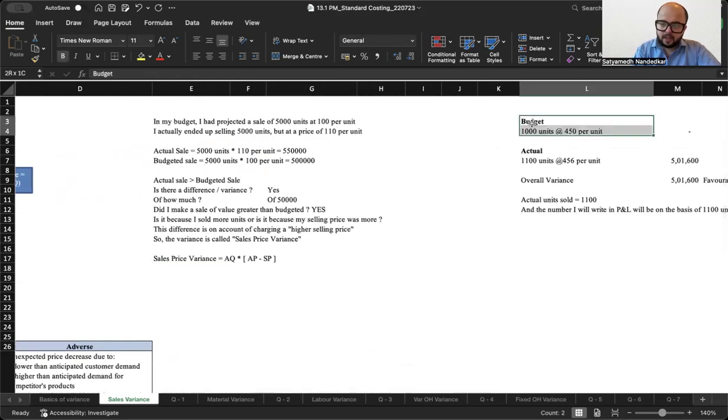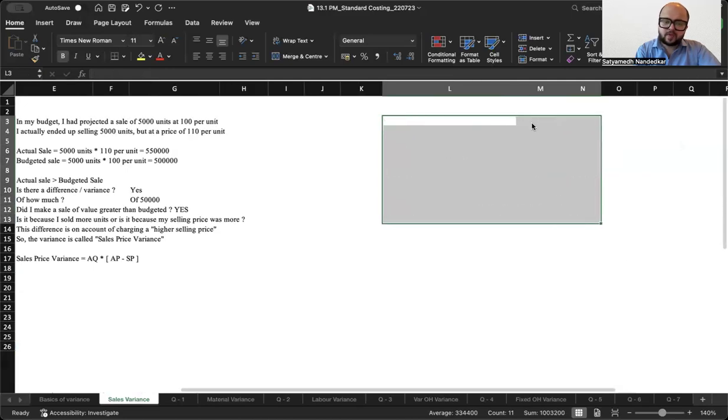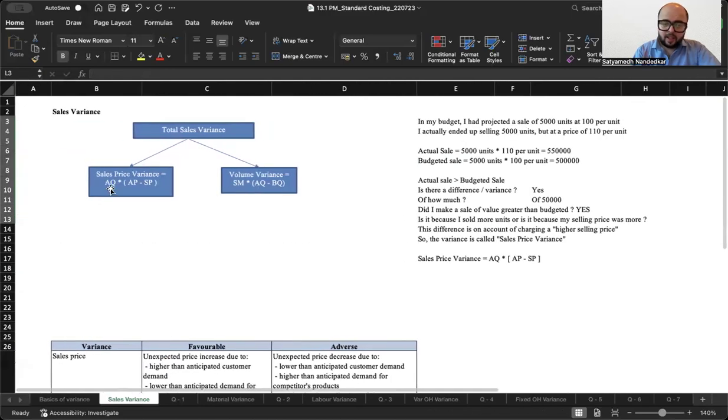So this was one type of variance. Now remember one thing, I'll keep on repeating this again and again. On the left hand side, I'm going to write down all the spending or revenue or P&L item related variances. Here, sales price variance, inside the bracket, observe: actual price minus standard price.